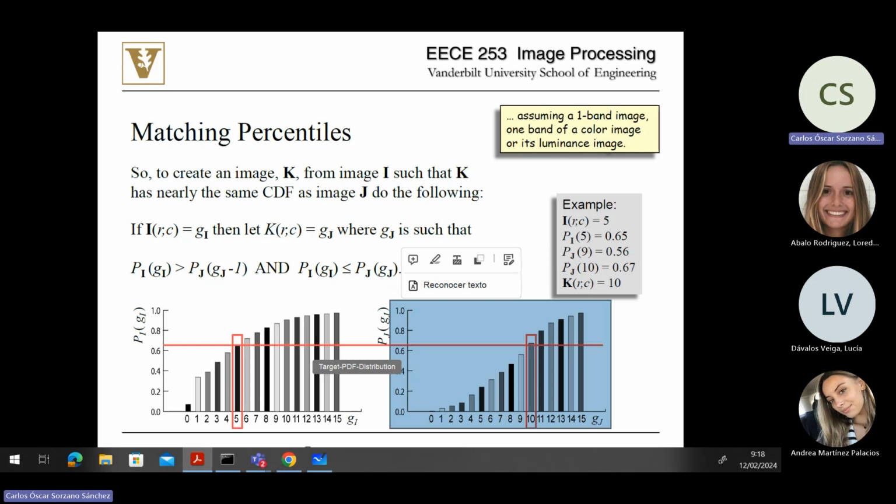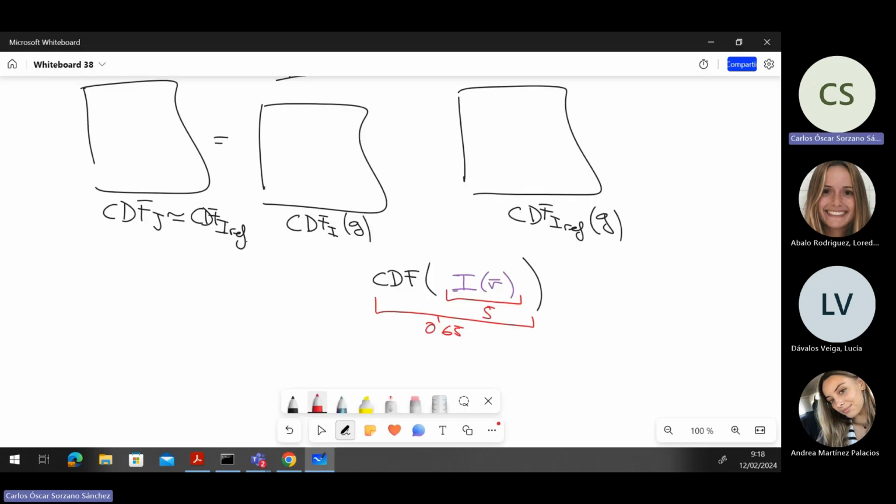So I will call that operation the inverse of the CDF of J, I minus 1. This is the one that takes the 0.65 and looks for the 10.